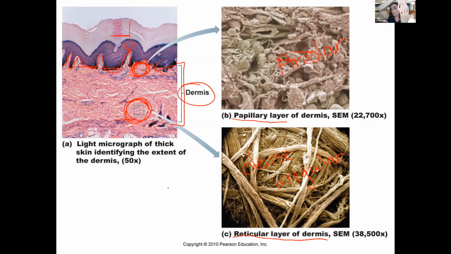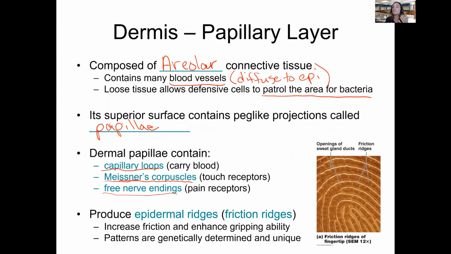So when you put friction on your skin, they actually hold together a lot better. And so you're going to have deeper papillae anywhere where you have more friction. So palms, soles of the feet. So these are responsible for providing you with friction ridges, your fingerprints, right? You find these friction ridges where you have a lot of friction, and they help to enhance your gripping ability, right? These are patterns that are genetically determined. We all have different fingerprints, okay?